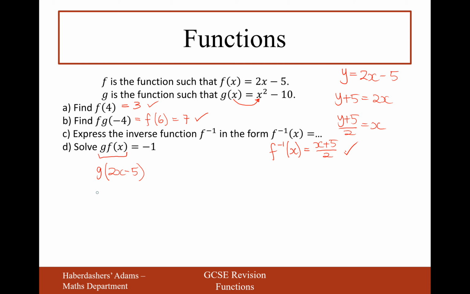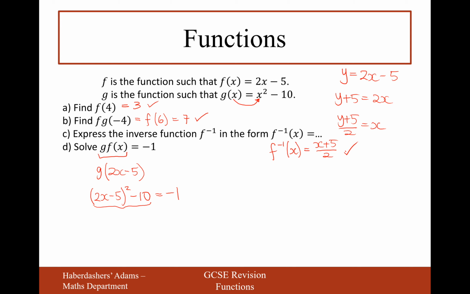So it's going to be bracket 2x minus 5 all squared minus 10. And then we need to do the question, so this is now going to equal minus 1. This function does the f function first and then the g function second. And we want to find out what x value will give us minus 1 as the output.